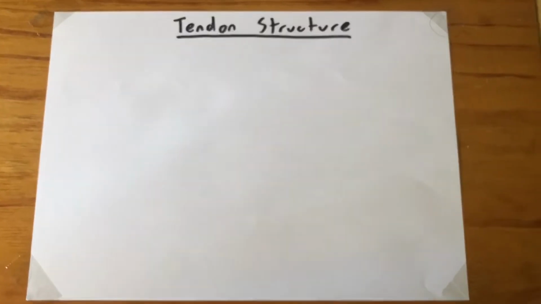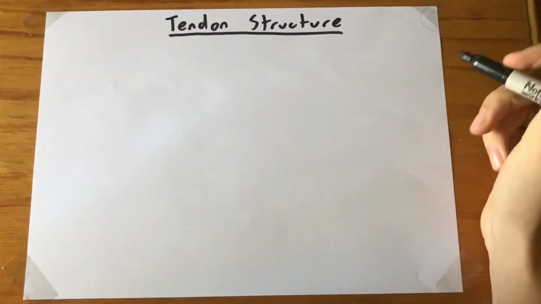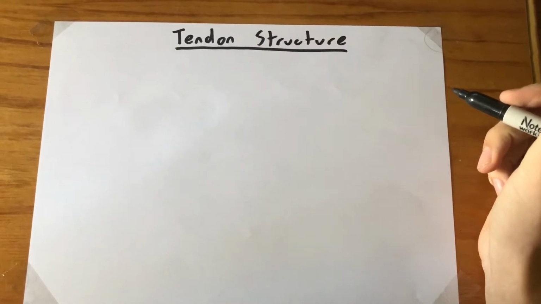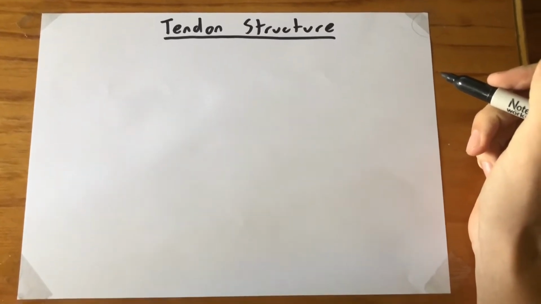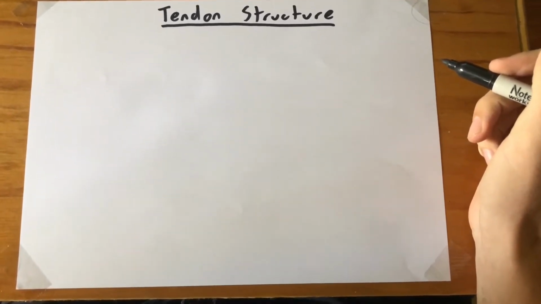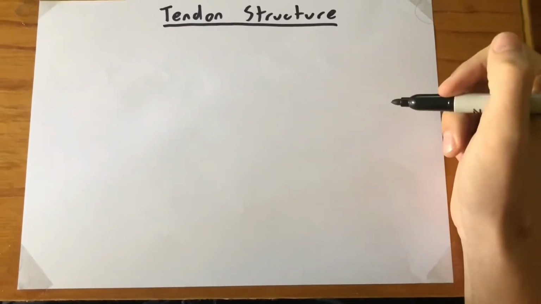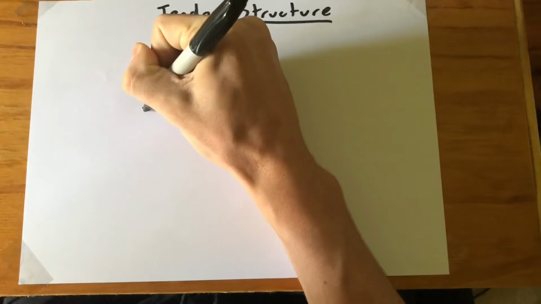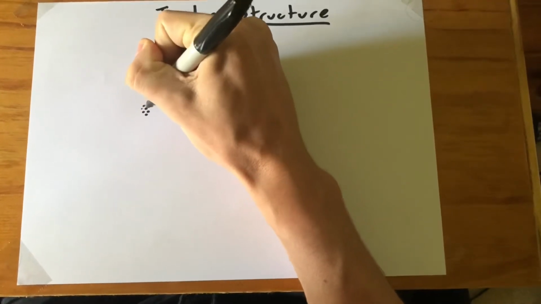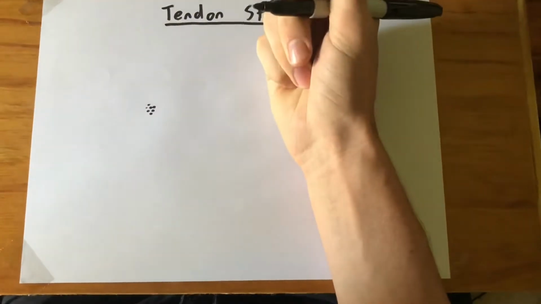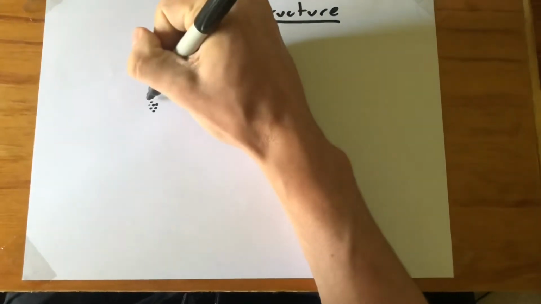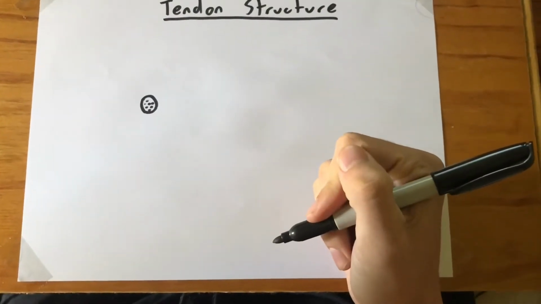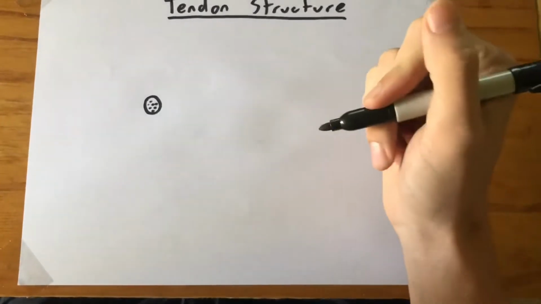Allow me to demonstrate a brief description of the components and structure of a tendon. The tendon unit as a whole is constructed of bundles of smaller units, which are constructed of bundles of smaller units, and so on. For example, a group of primary fibres becomes a primary fibre bundle, also known as subfascicles.